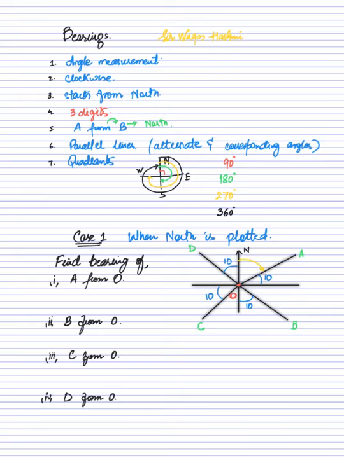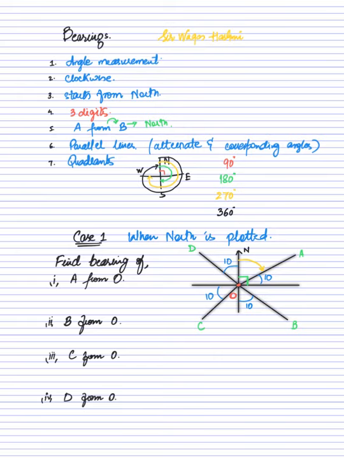Before that, to find this angle, we discussed the concept of quadrants. From north to east, as highlighted with the green pen, the angle is 90 degrees. This angle here is 10. So we need to subtract the angle 10 from 90 degrees to get this yellow angle.